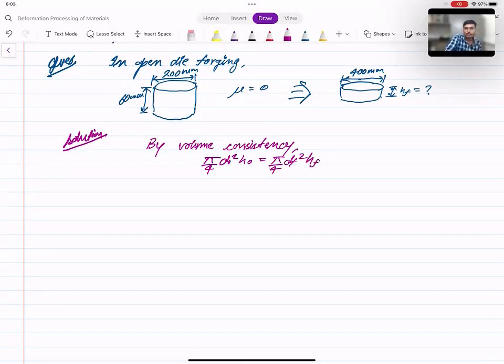So we are given the values of d naught, h naught, and df. We need to find hf. This pi by 4 gets cancelled out. So we have hf as d naught square h naught by df square. Let us substitute the values.